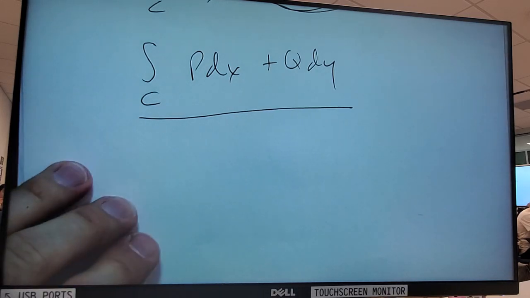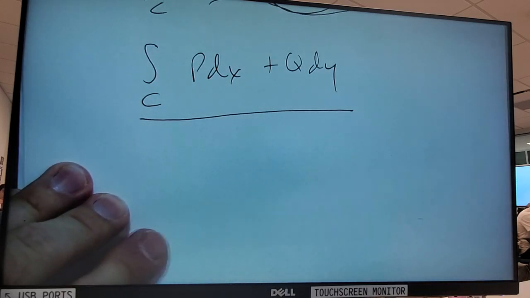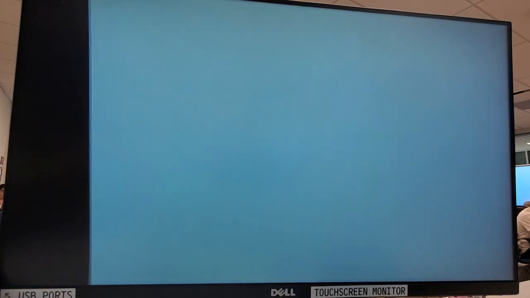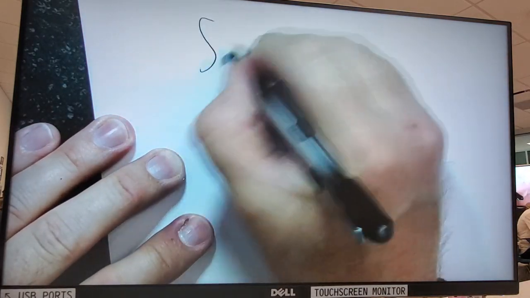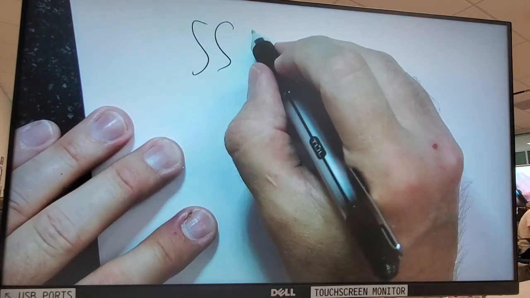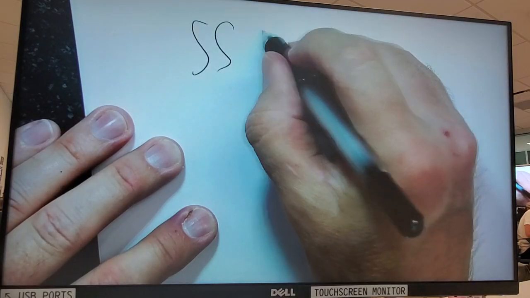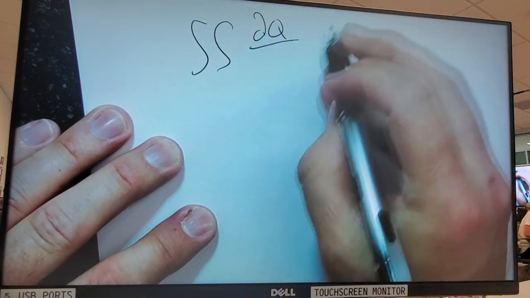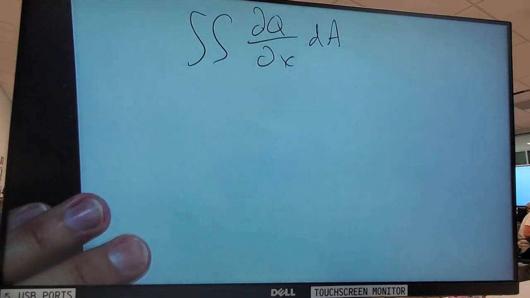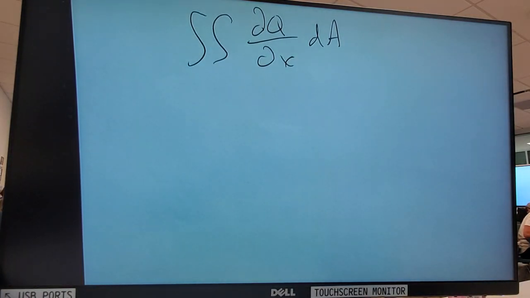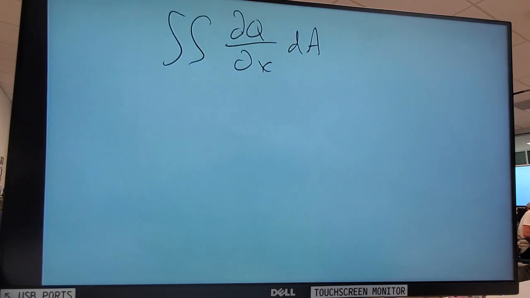So, here's kind of the idea. I want to investigate a double integral of something by itself. Let's look at this. Yes, because q is a function of x and y.